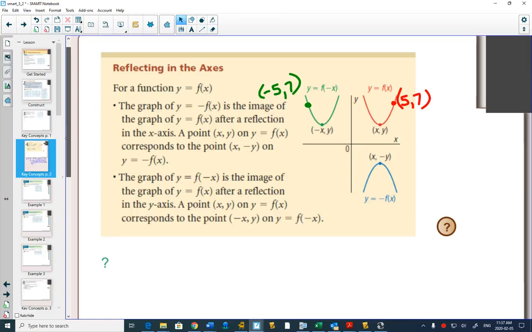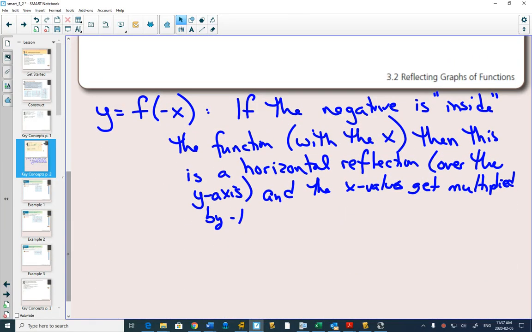So down here at the bottom, when I say the x values get multiplied by -1, we can now think of a single point and know exactly what happens to that single point. All that's going to happen is your x values are going to get multiplied by -1.